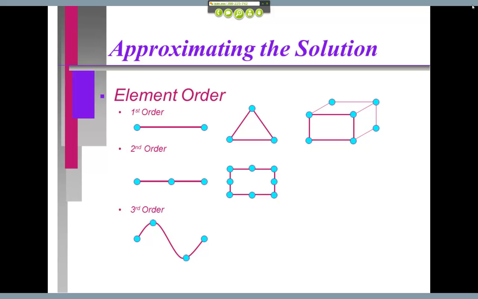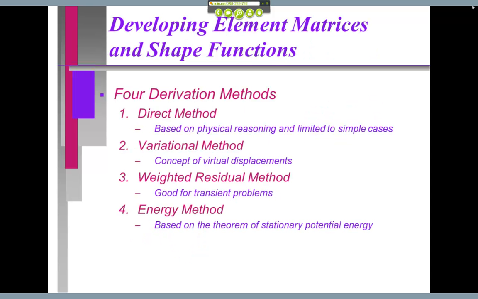If you're going to go to a second order or third order element, you can begin thinking about larger elements, which generally is going to compute the fastest. First order, but if you get up to a really high number of elements, it still may take a long time to process. And so there's a trade-off between the order of element and the speed and the accuracy. So that's the issue that you're going to be thinking about as you do your finite element.